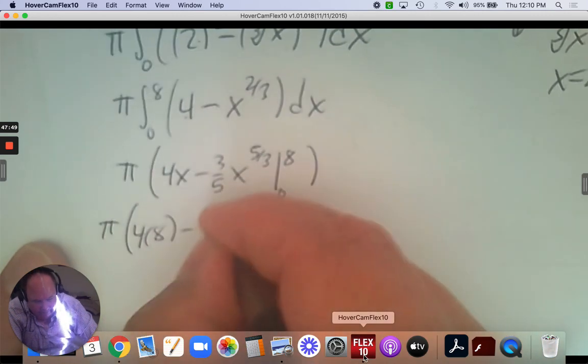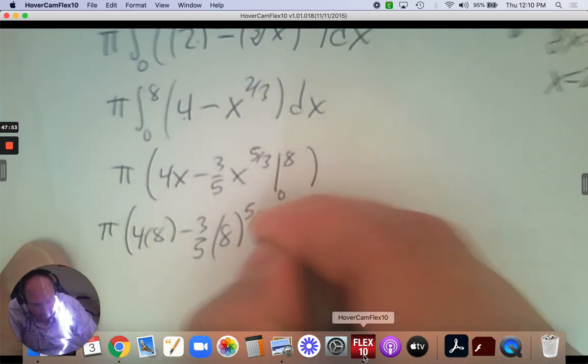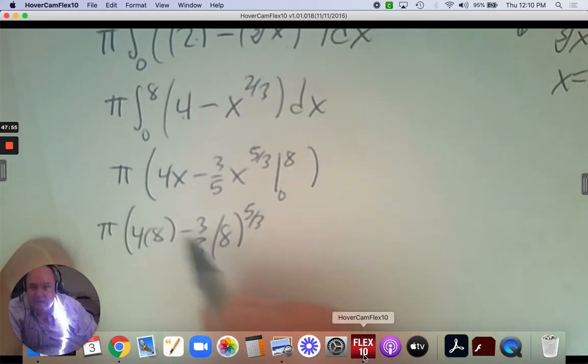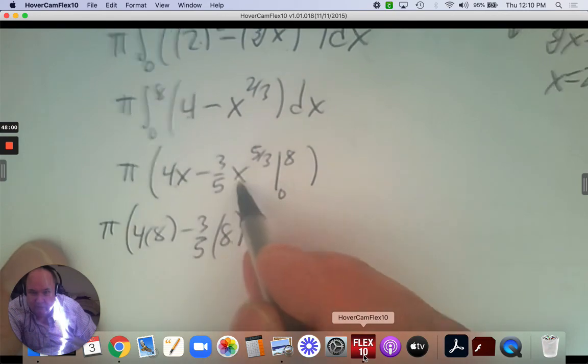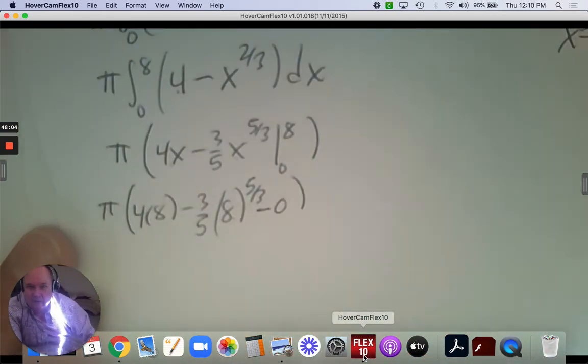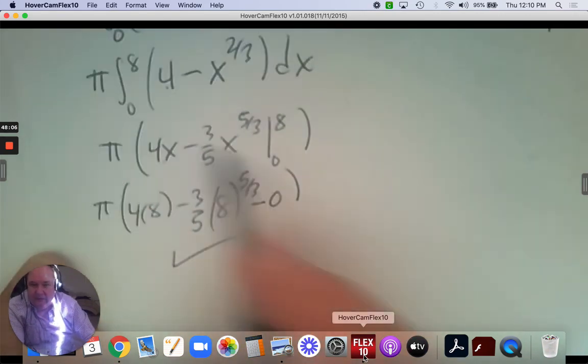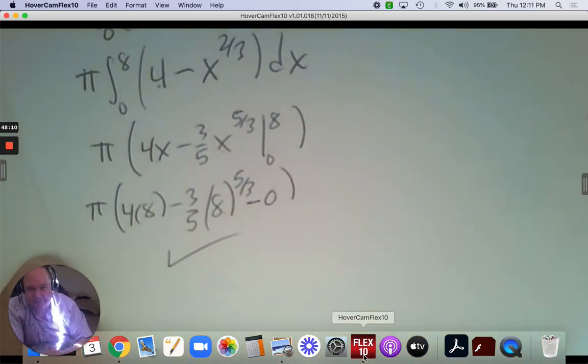So I'm going to plug in 8. Now, after I plug in 8, when you plug in 0, just double check. 0 does give you the answer 0. So I don't even need that part. So I could simplify it if I wanted to, but that's the exact volume of what I just revolved.